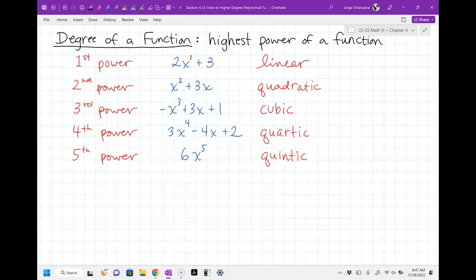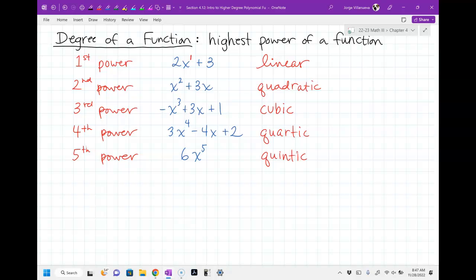The second power one, I will call a quadratic binomial, because it's 2 terms. X squared plus 3x, 2 terms, and it's a quadratic function.